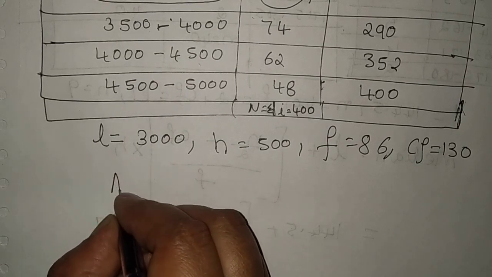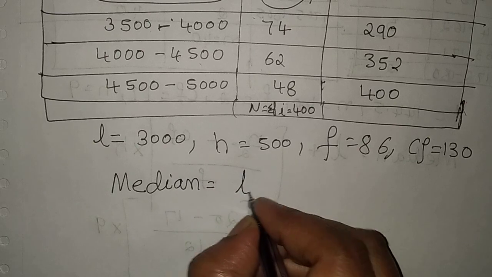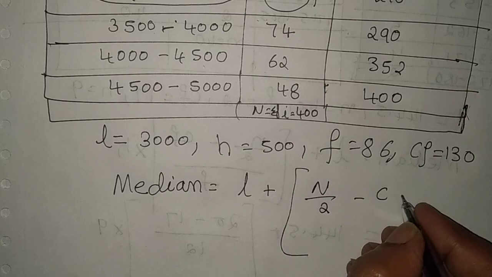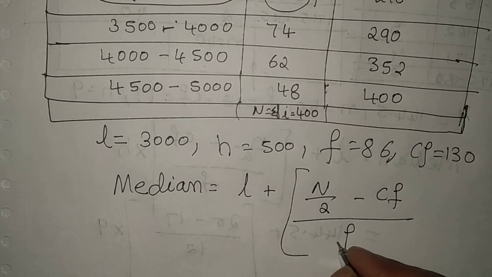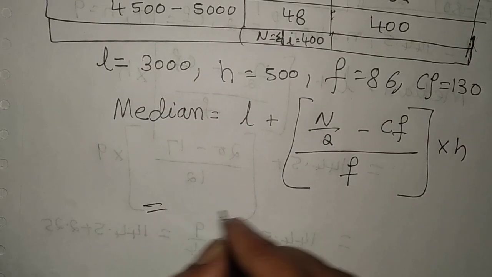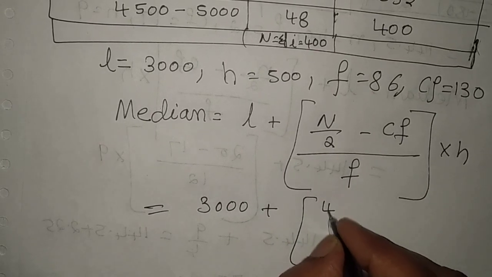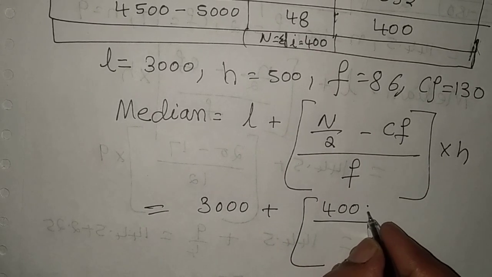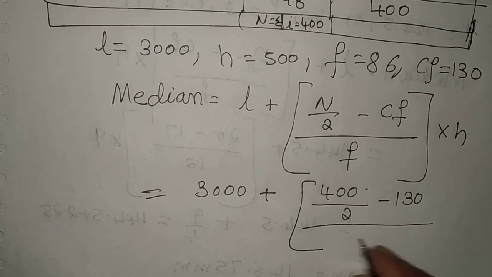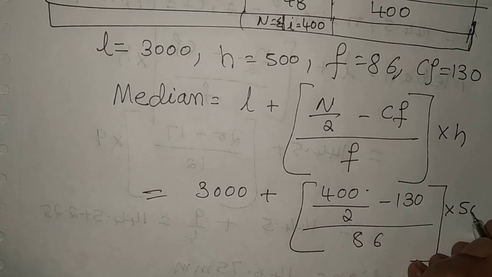So now we'll calculate the median. Take the formula. Median is equal to L plus (N by 2 minus CF) by f into h. So substitute 3000 plus (N is 400 by 2 minus 130) by 86 into 500.